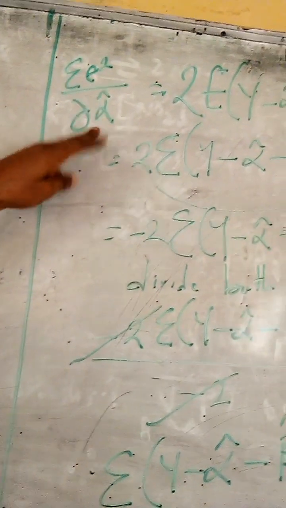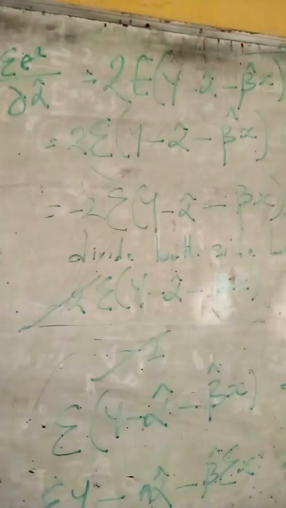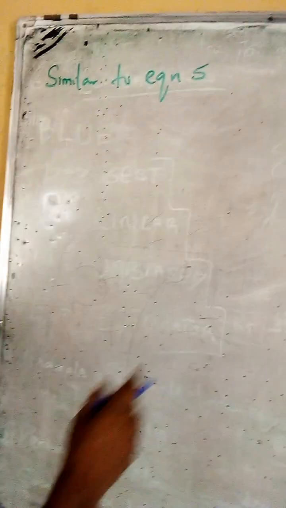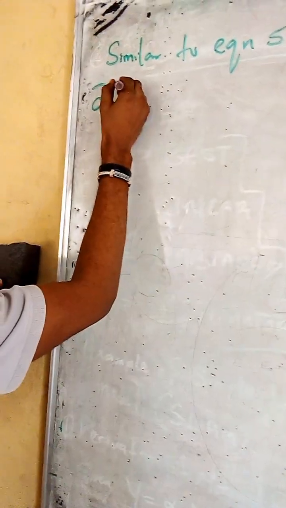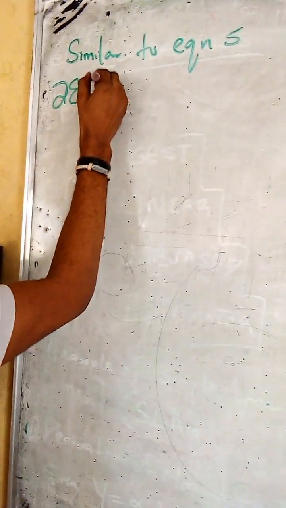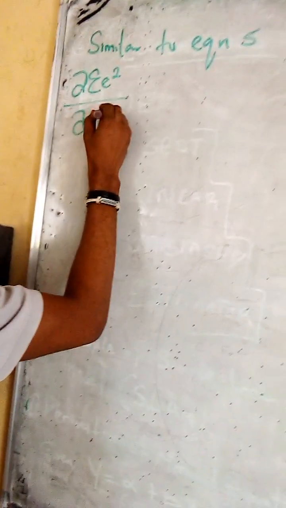So we are going to do another one again, this time for beta, just as we have this equation. Similarly to what we did at equation 5, we now have the change in summation e squared over the change in what?